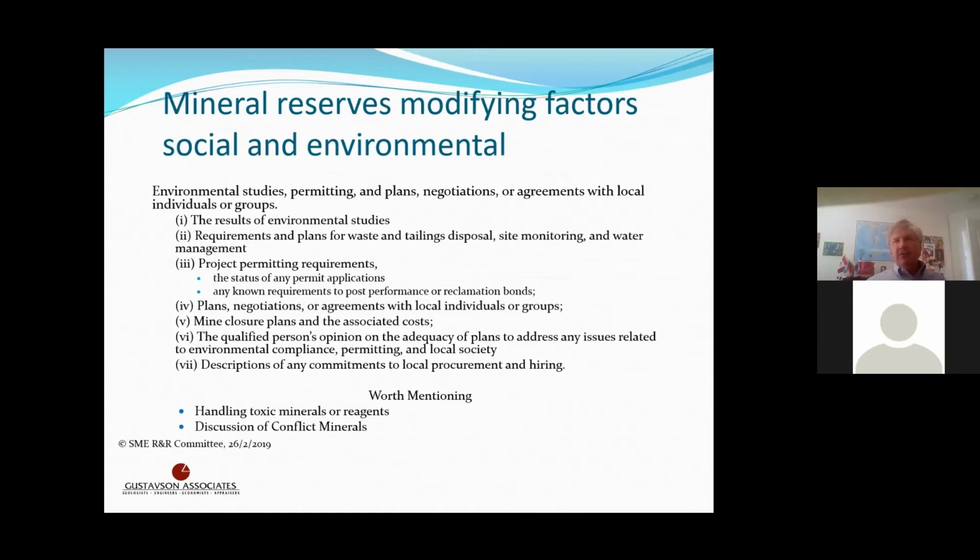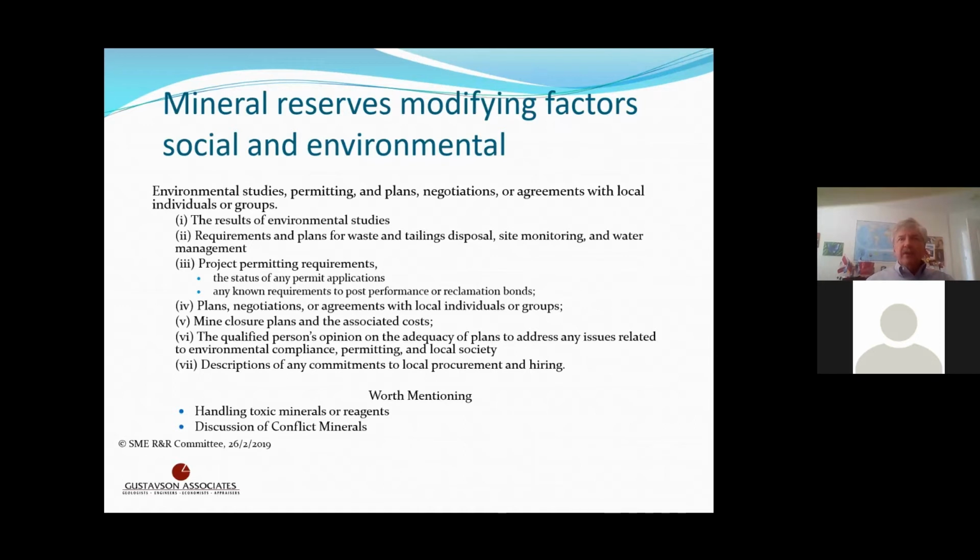But you have to describe the modifying factors, and these include environmental studies, permitting or defining the ability to permit the project, negotiations or agreements with local individuals and groups. And these all have to do with social and environmental. We are all very aware of the mining operating cost and capital cost factors and process operating and capital cost factors that have to be overcome to make a resource into a reserve.